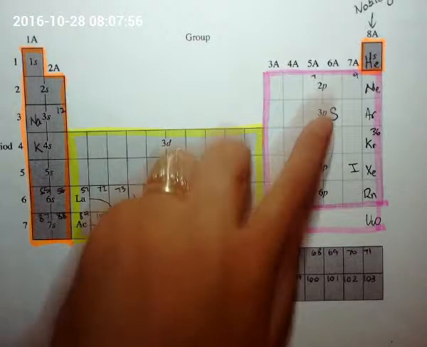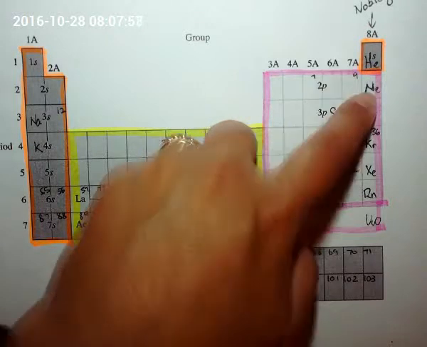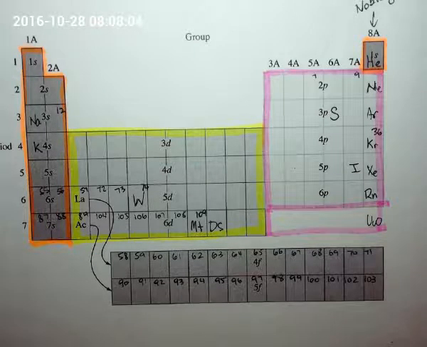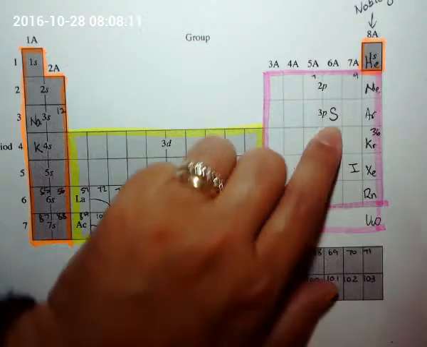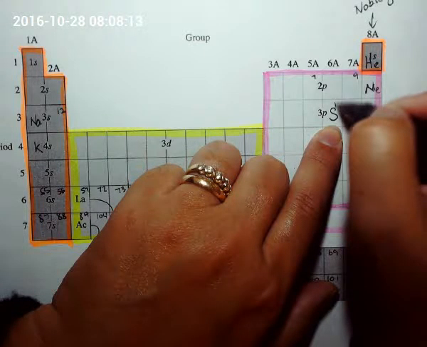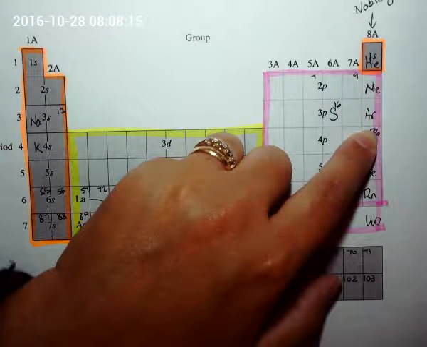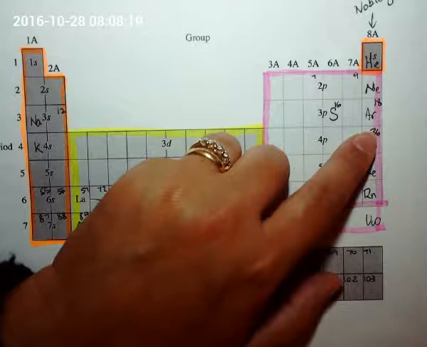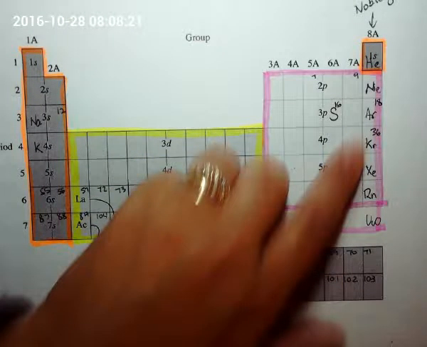Go up a row all the way over. You have to use the noble gas that comes before it, not the one that comes after it. The way you determine before or after is you look at the atomic numbers. What's the atomic number for sulfur? It's 16. What is it for argon? It's 18. Does 18 come after or before 16? It comes after. You don't want after. You want before.